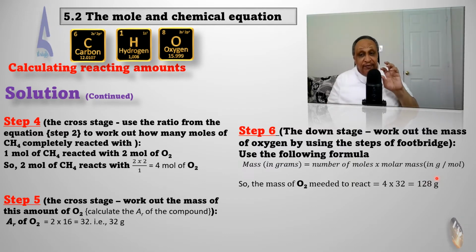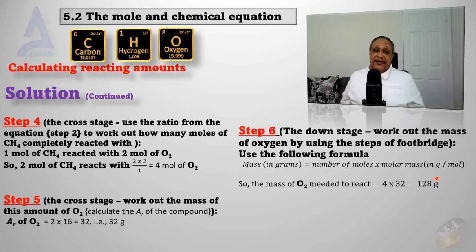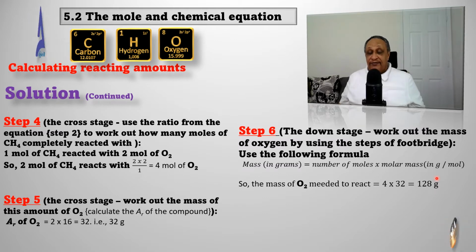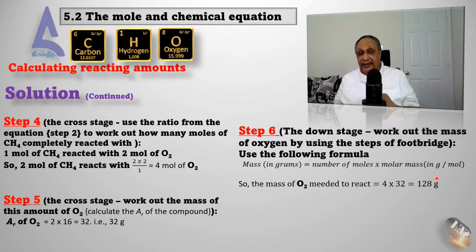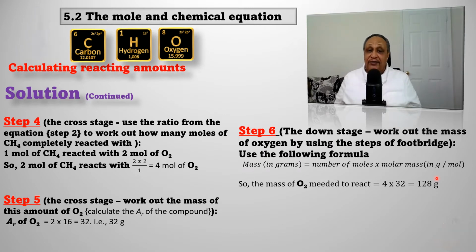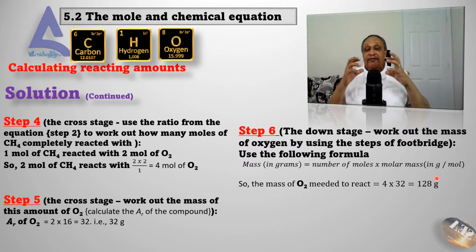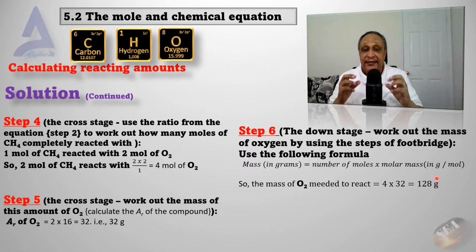So for my solution, in order for these 32 grams of methane to react completely, we need 128 grams of oxygen to fulfill this type of reaction. Follow this solution step by step.